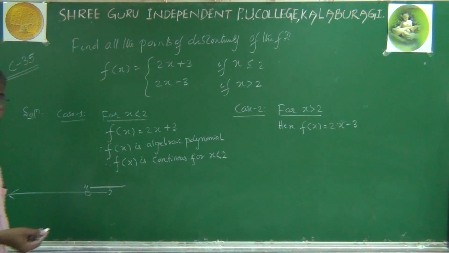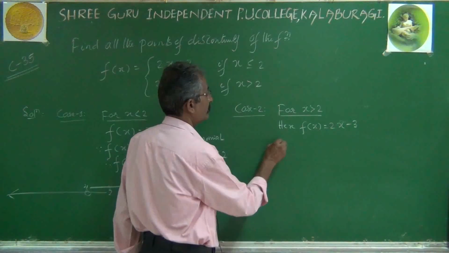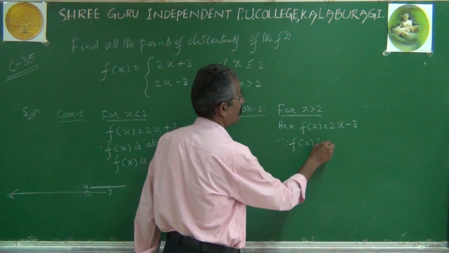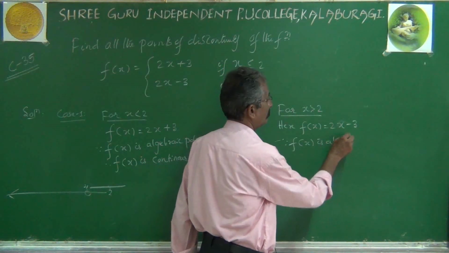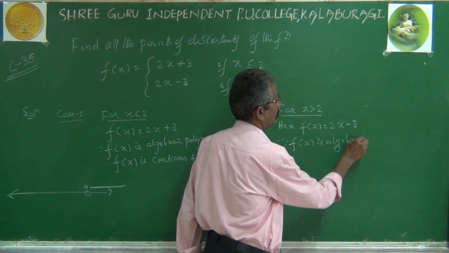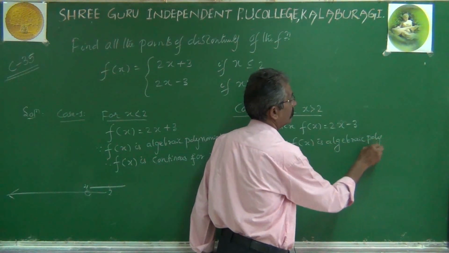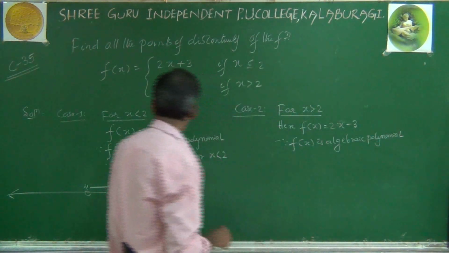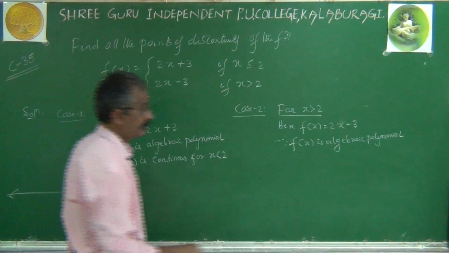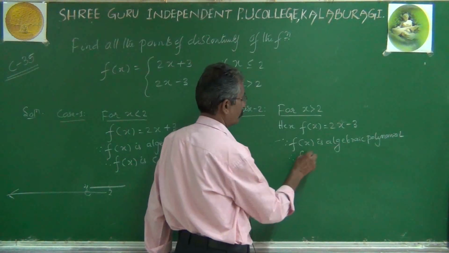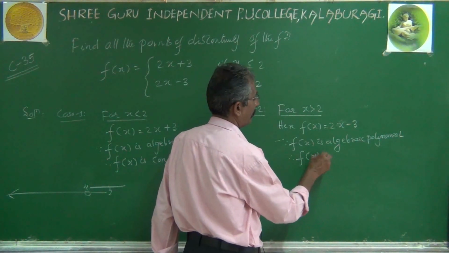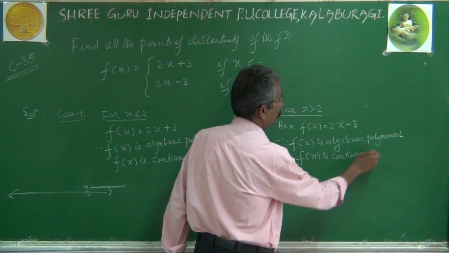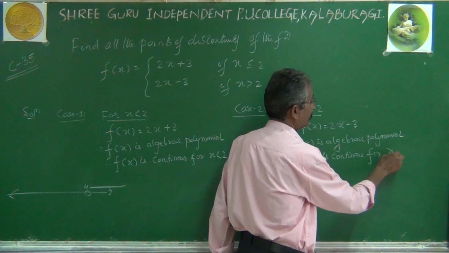It is also an algebraic polynomial, since f(x) is an algebraic polynomial. Therefore, f(x) is continuous for x greater than 2.